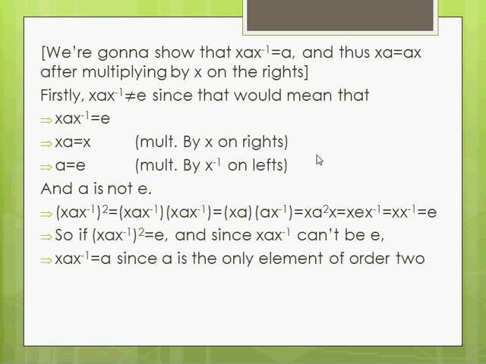It's the only element that when you square it, you get E, besides E itself.